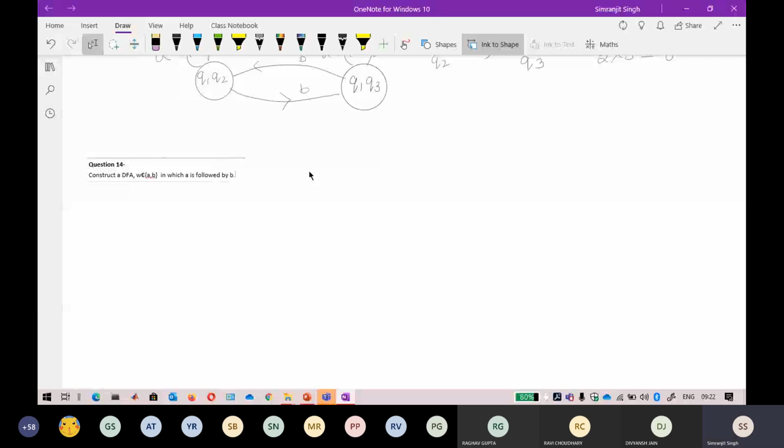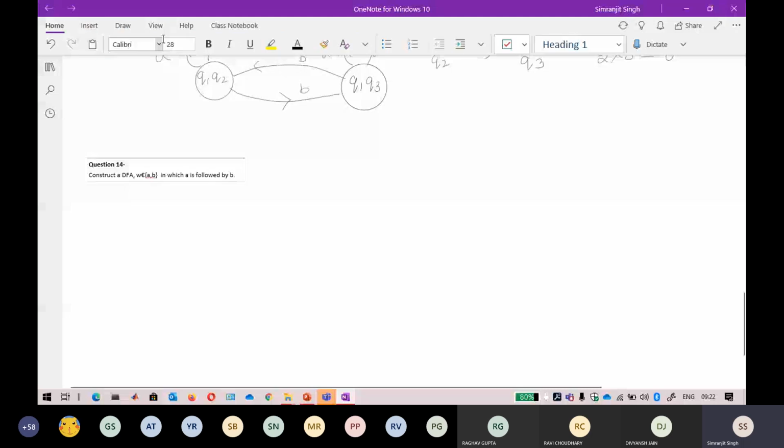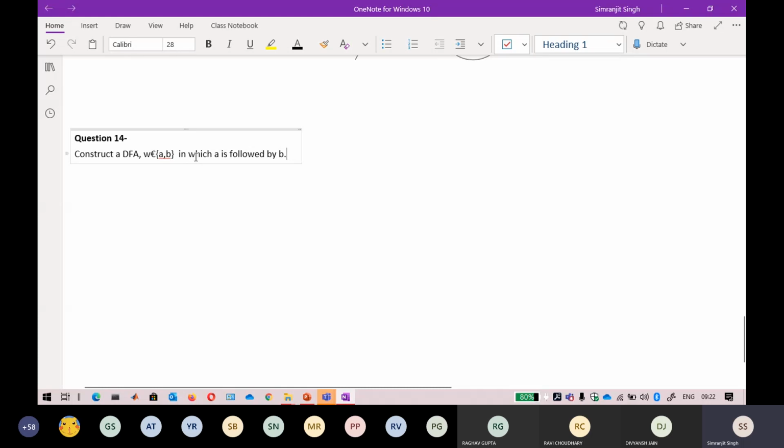I consider this a very good and beautiful question. What happens in this language is that whenever there is an a, it has to be followed by a b. But if you write this language, it contains epsilon. Most of you may ask why epsilon comes in this language, because it only says that a has to be followed by b.